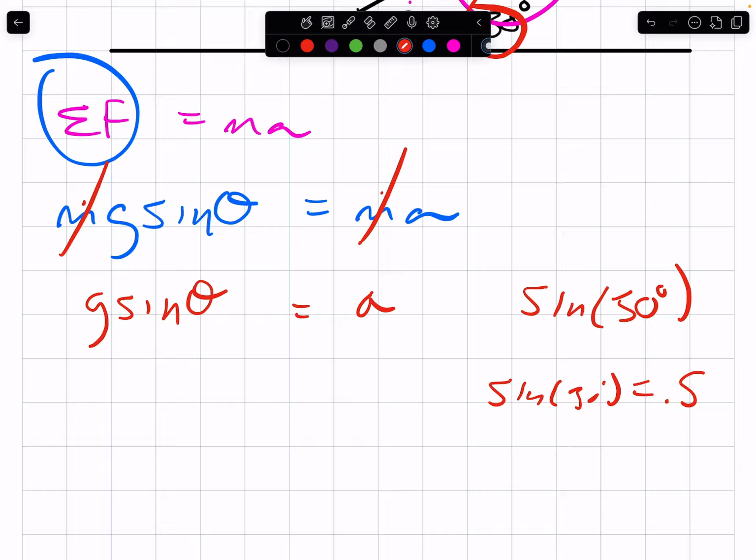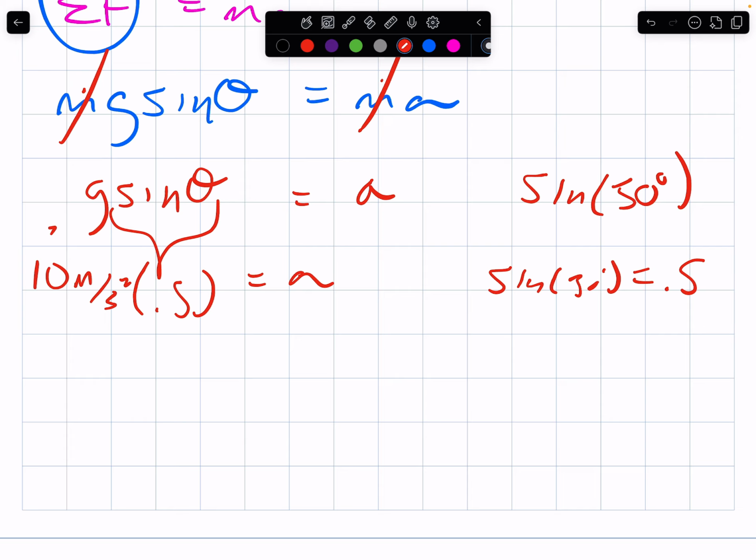There are no dimensions here, no units, it's just 0.5. So a is equal to g, which is 10 meters per second squared, times sine of 30, which is 0.5. 10 times 0.5 is 5. So this object has an acceleration of 5 meters per second squared.